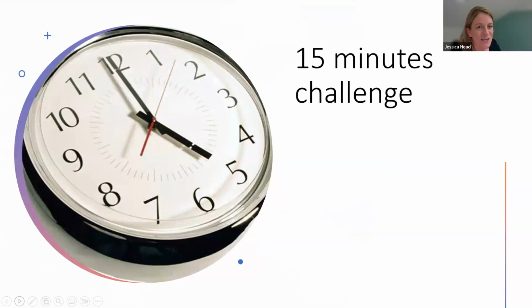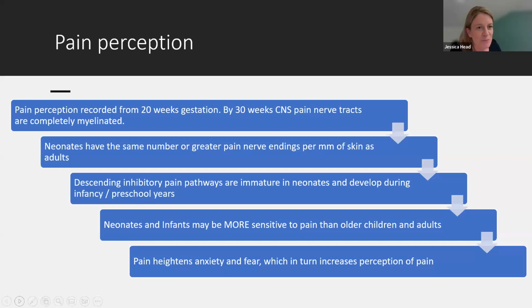So firstly, just to recap pain perception, and there are a few misunderstandings about pain perception in infants and particularly neonates. So we know that pain is perceived from about 20 weeks of gestation. And by 30 weeks in utero, CNS pain nerve tracts are completely myelinated.